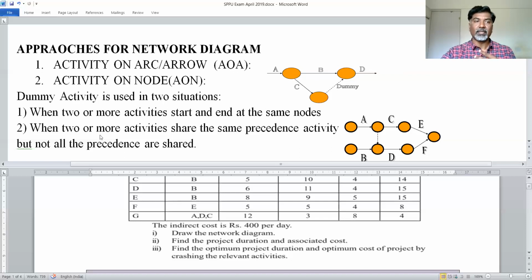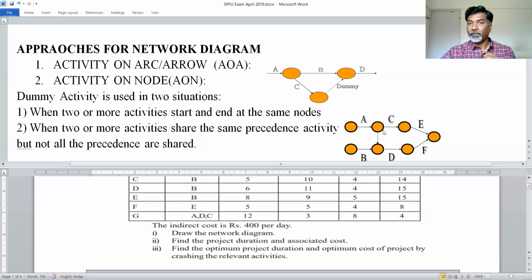The second situation is when two or more activities share the same predecessor activities, but not all the predecessors are shared. See one simple example here. The D activity is starting from B and A. In that case, I have added one dummy activity from this node to this node.